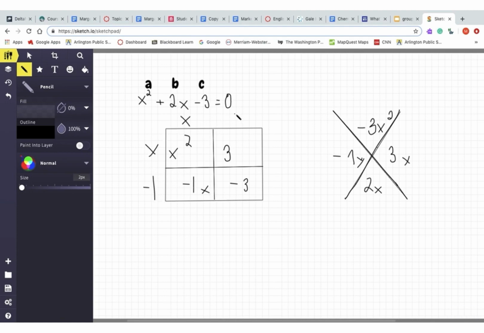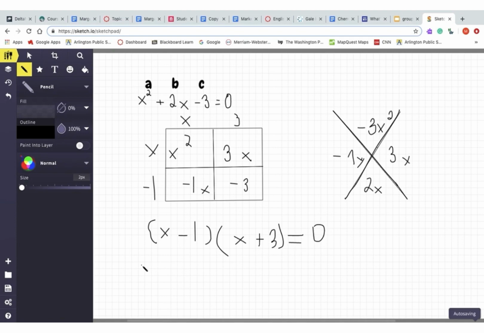Then 3 times x would give us 3x. Then 3 times negative 1 would give us negative 3. Now to put that in an equation fully, that would be x minus 1 times x plus 3 is equal to 0.